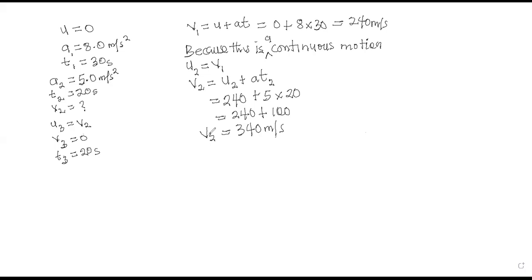Then during the third part of the motion, we are told that the velocity is maintained. If velocity is maintained, then U3 is equal to V3, and they are all equal to V2, which is 340.